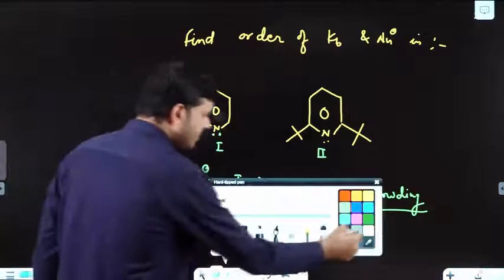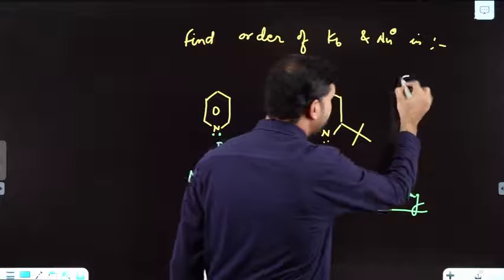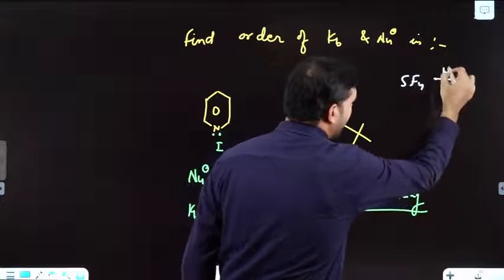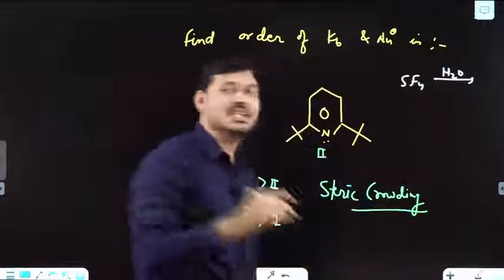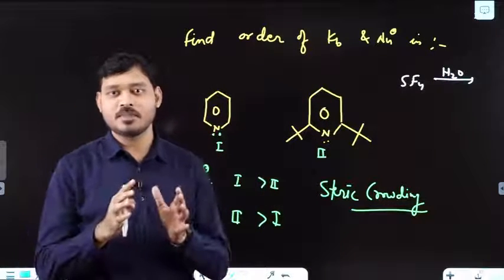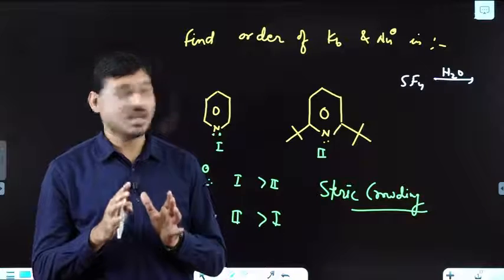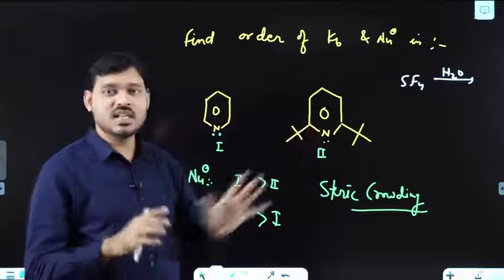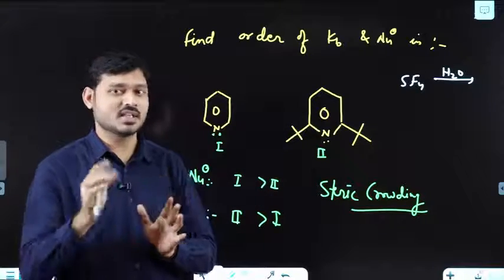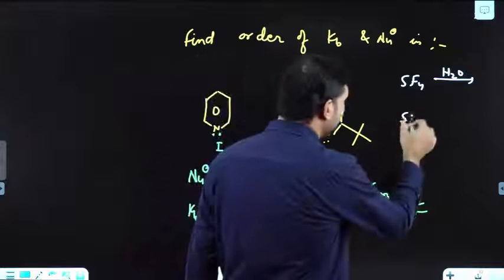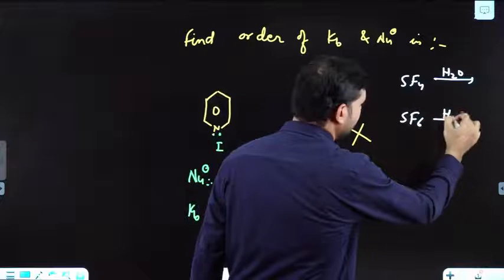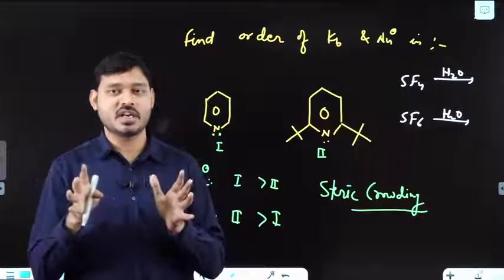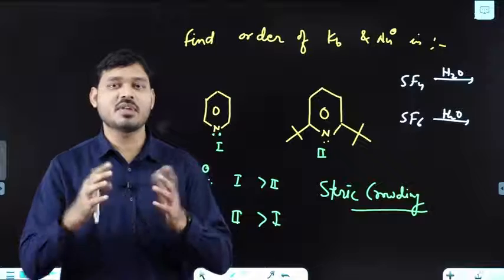I'm giving you a very small example. Consider SF4. The attack of water on SF4 is very easy, right? Sulfur has 6 electrons in its valence shell, forms 4 bonds and 1 lone pair, so it is easy for H2O to attack SF4. But when you consider SF6, it has octahedral geometry, so H2O is unable to attack from any side.